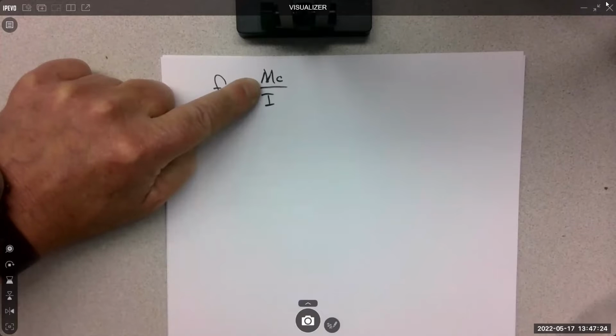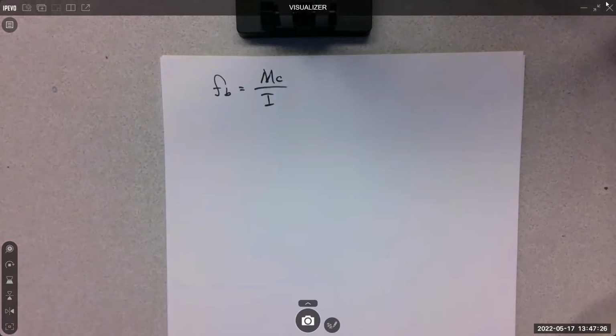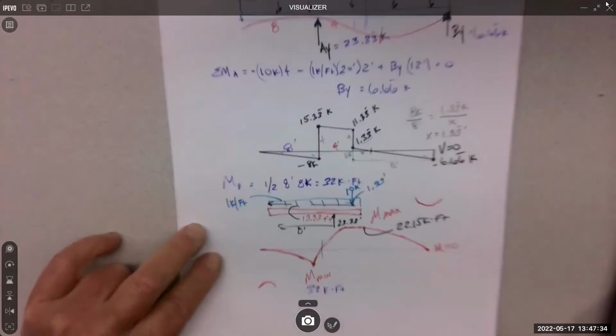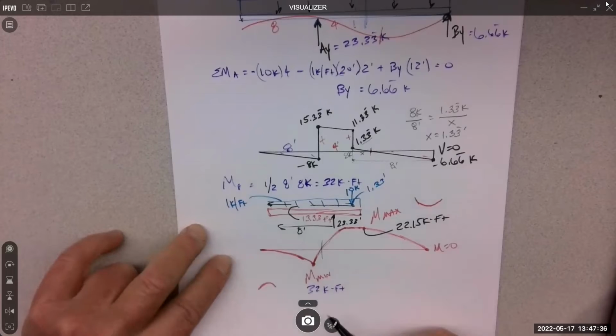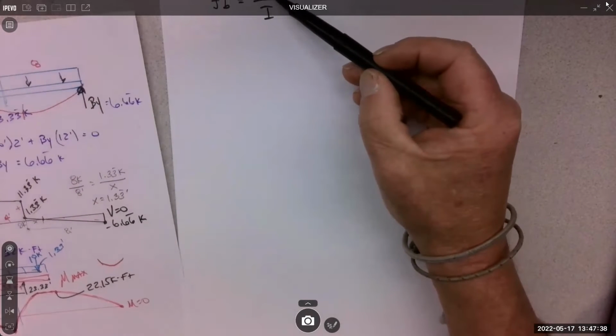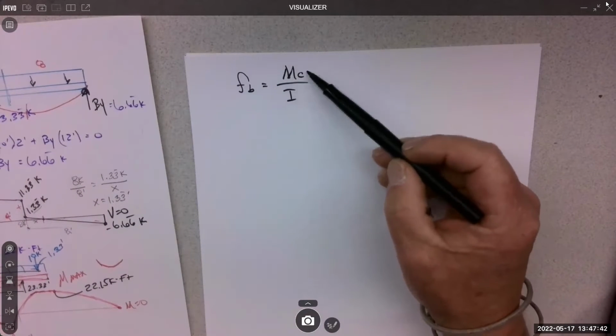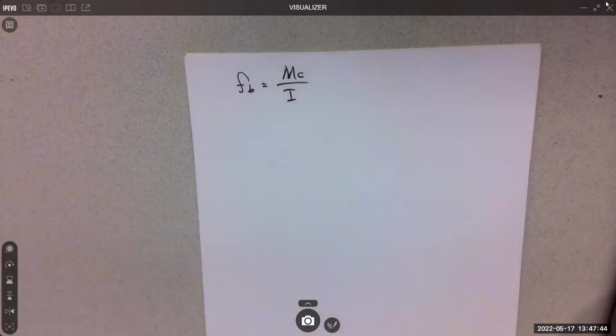That long process was just to get the maximum moment. So all this work, right, just to get the 32, which then plugs in here. So C and I, that's pretty straightforward.